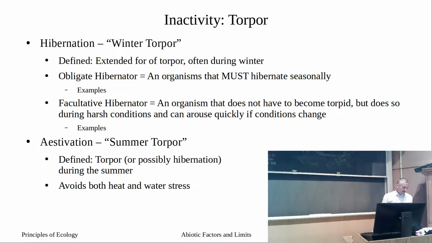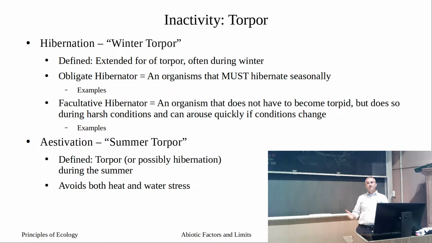Facultative hibernators don't need to become torpid. They don't have to do it seasonally, but they will when conditions are really bad. The benefit is that they get to slow down their metabolic rates and conserve energy, but they can quickly come out of hibernation if conditions improve a little bit.